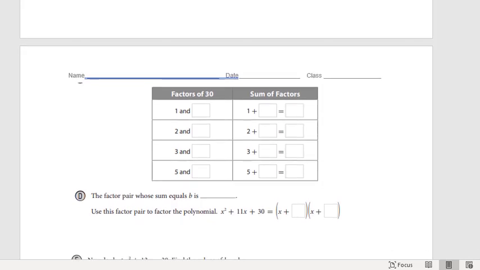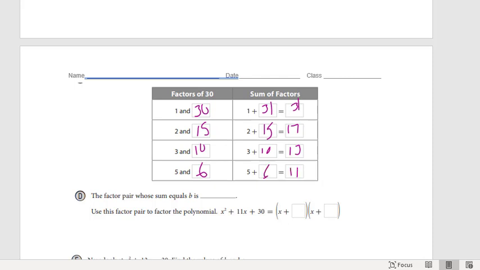So to get 30, we have 1 times 30, 2 times 15, 3 times 10, and 5 times 6. Let's add them together. 1 plus 30 is 31, nope. 2 plus 15 is 17. 3 plus 10 is 13. And 5 plus 6 is 11.